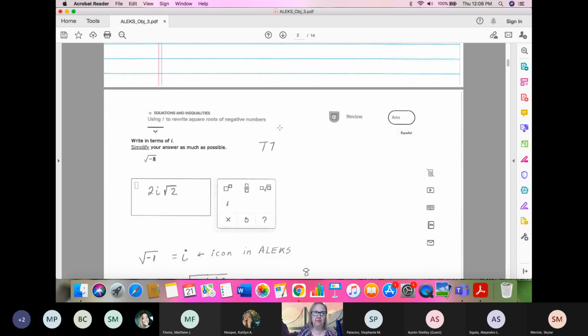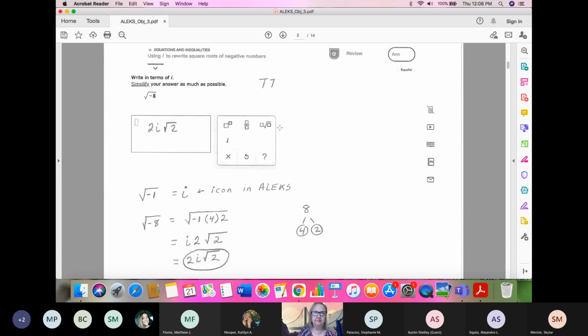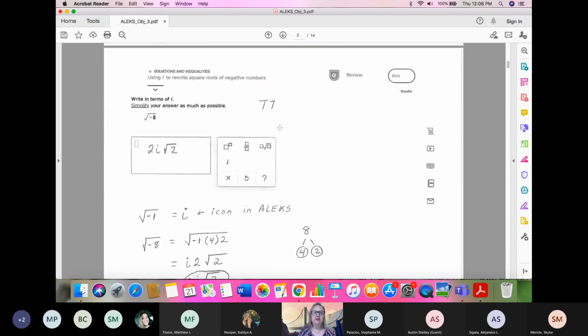So let's talk about complex numbers. They are the numbers that if you take the square root of them, they have a negative inside the square root.